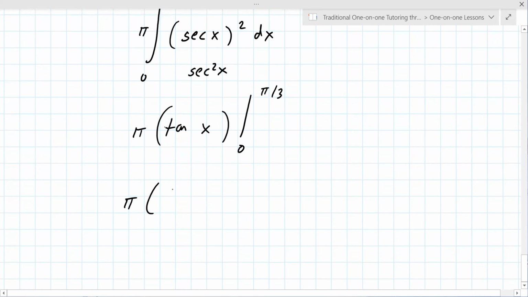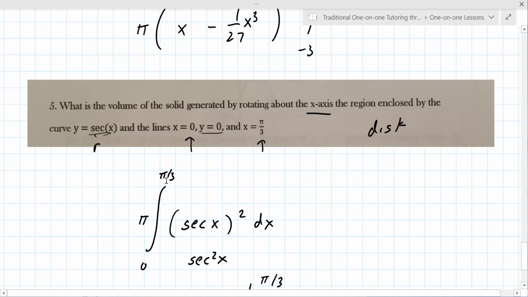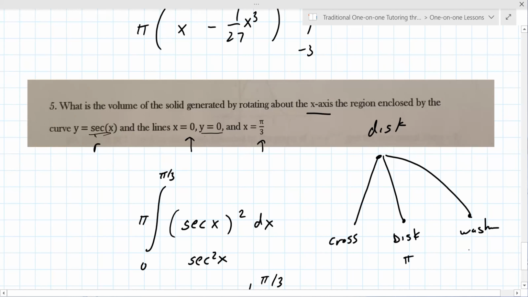Sorry, quick question. When it asks for a volume and it's rotating or revolving, is there always the pi in front? Yes, but there's really only three methods you've learned. One is cross sections. The next one is disk, and the other is washer or ring. These always have a pi.